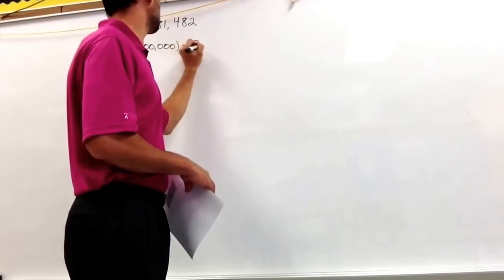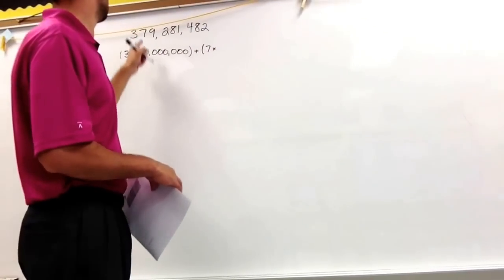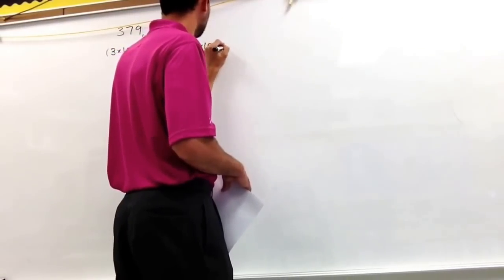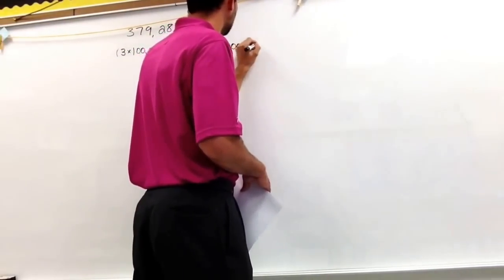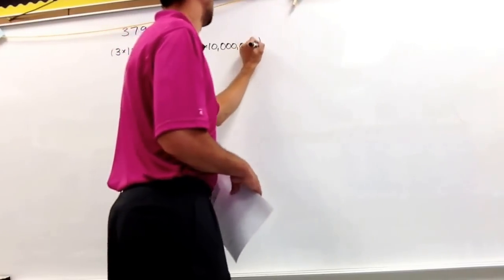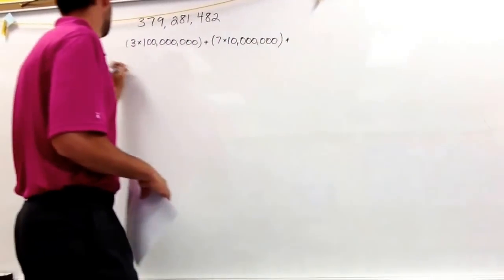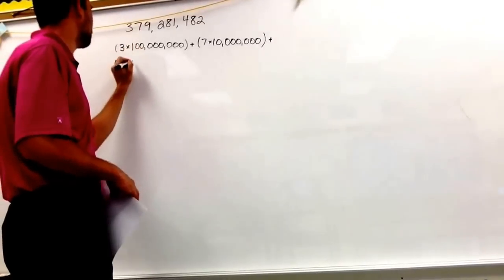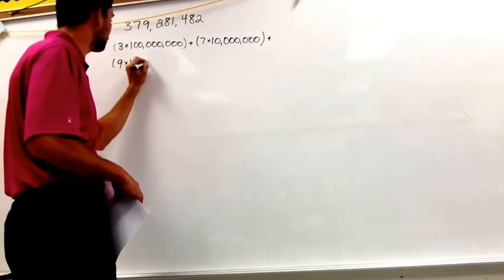That 7 is not really a 7. That 7 is in the 10 millions place, so it would be 10 million. You should start seeing some patterns here. Plus, that 9 is not really a 9. That 9 is in the millions place, so I'm going to write times 1 million.